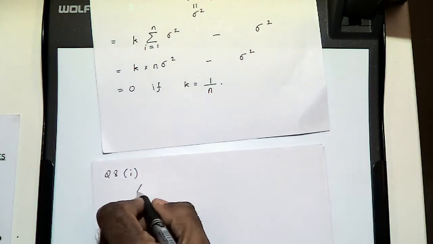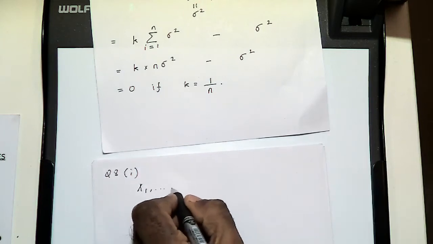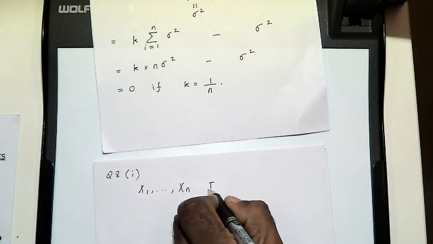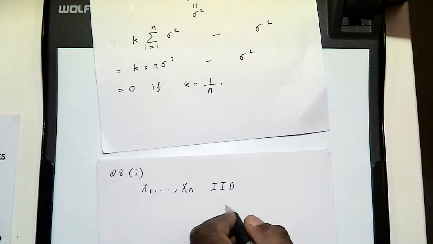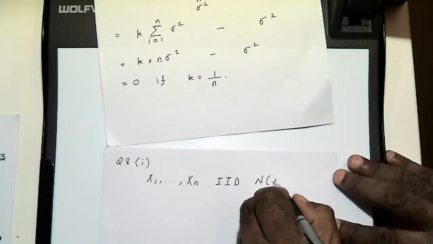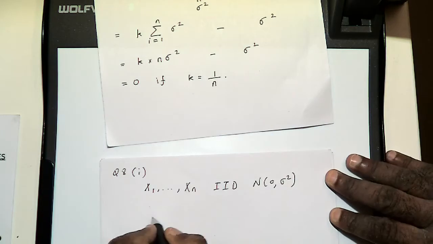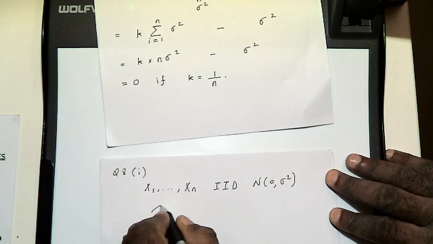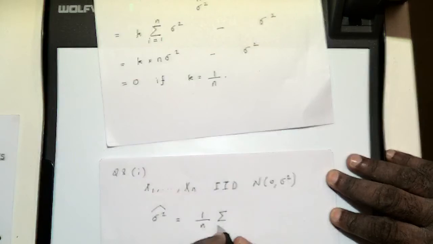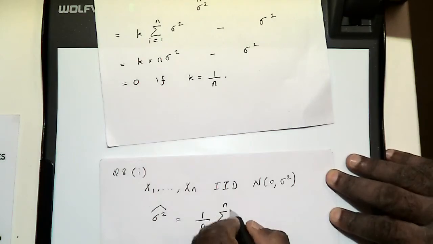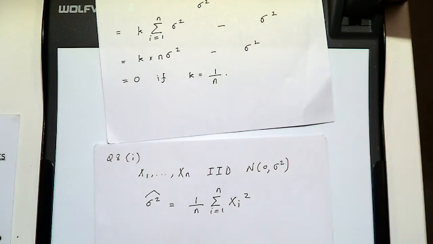So we are assuming that x1 to xn are IID from a normal distribution with parameter 0 and sigma squared. And we are looking at this estimator, right? Okay, and the question is, what is the sampling distribution of this estimator?